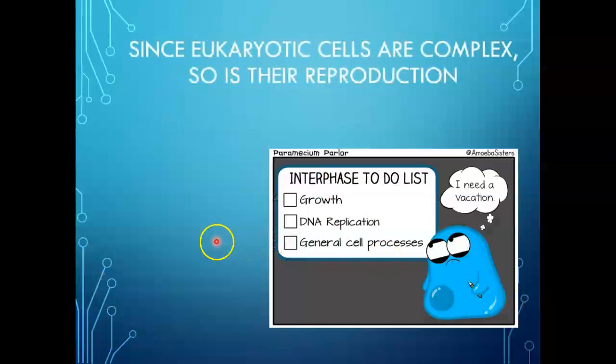Since eukaryotic cells are complex, their reproduction is complex. So we talked about sexual reproduction in this case. All of these things would be part of interphase. When a cell undergoes reproduction, most of its time is spent in interphase.